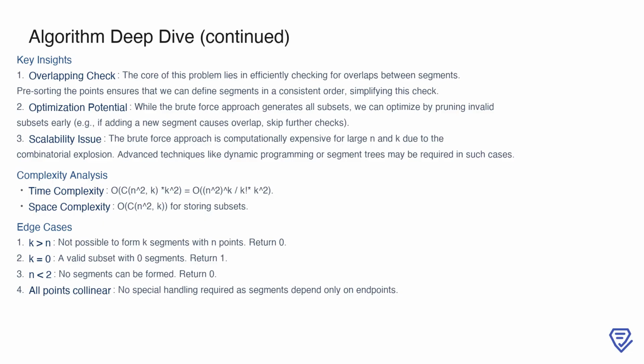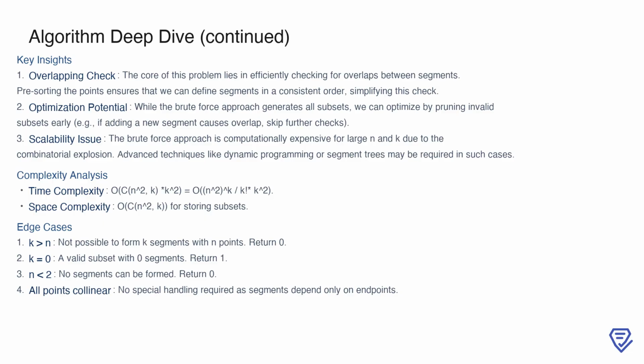For instance, we could prune invalid subsets early during generation, skipping further checks if adding a new segment causes overlap. However, even with optimizations, the brute force approach can become computationally expensive for large values of n and k due to the combinatorial explosion. Advanced techniques like dynamic programming or segment trees can help scale the solution for larger inputs.